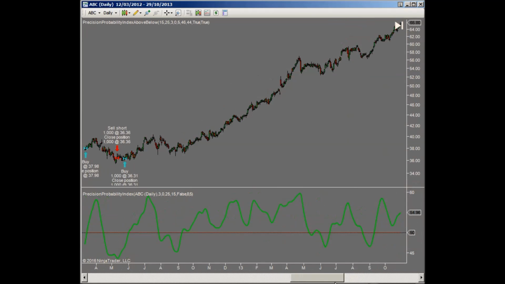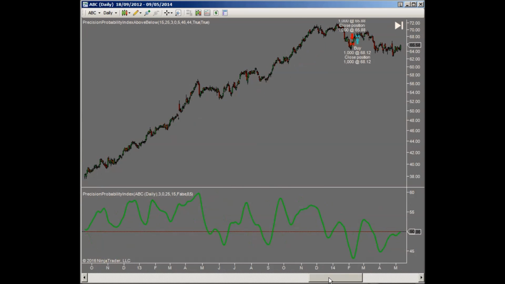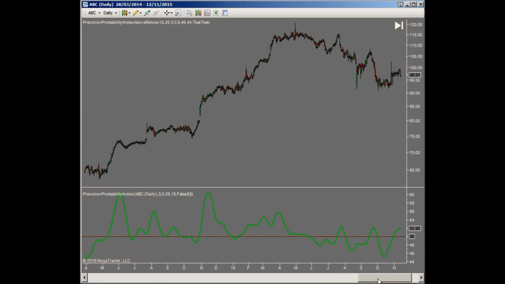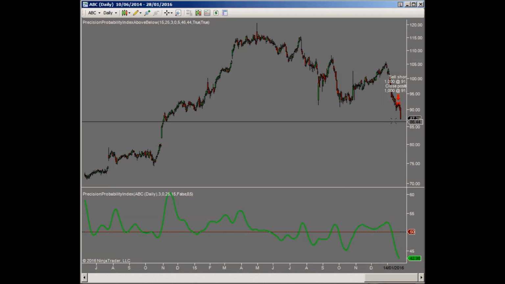So there's nothing at all now between this, there's no trades. There's one huge win and another huge win, and eventually it gets out right at the end when the trend really is damaged. You could argue that it's come down a long way, and most people wouldn't endure that.